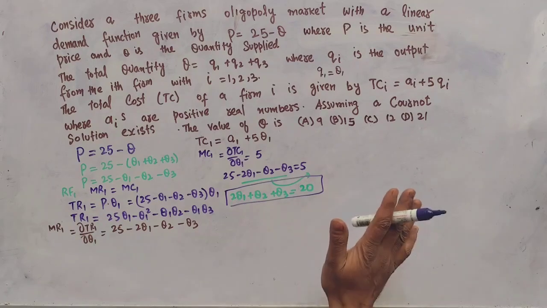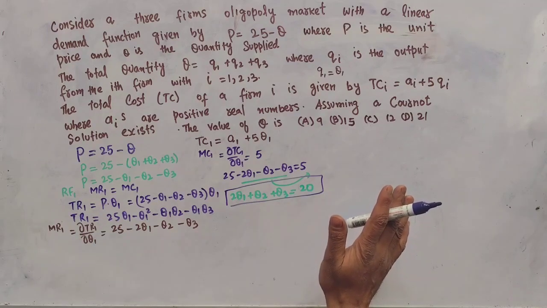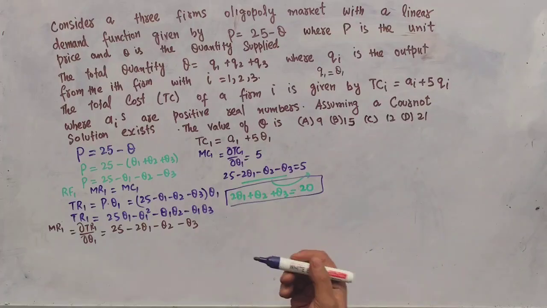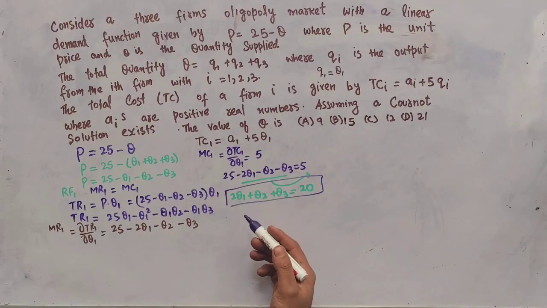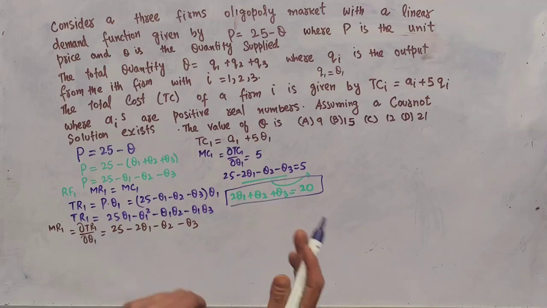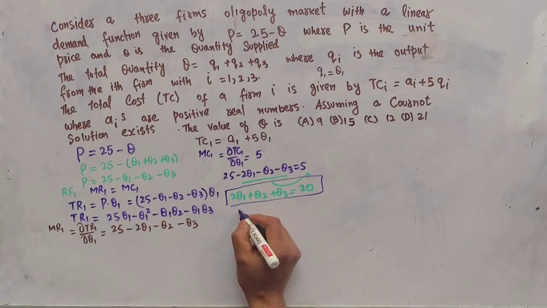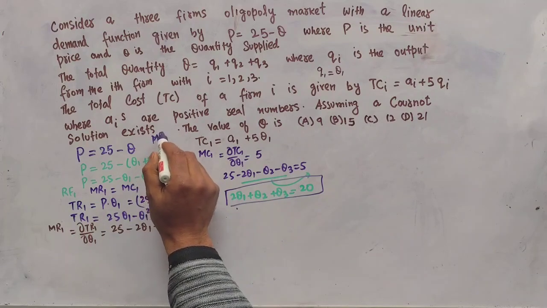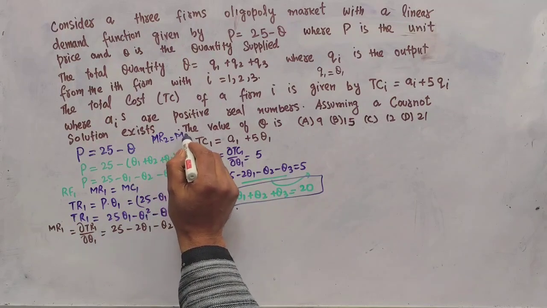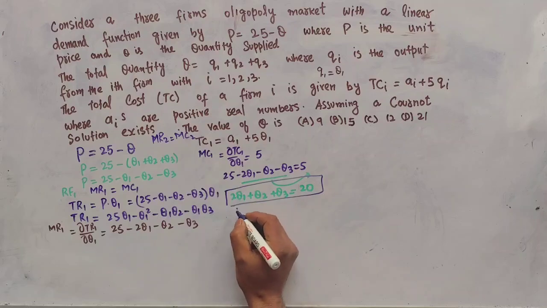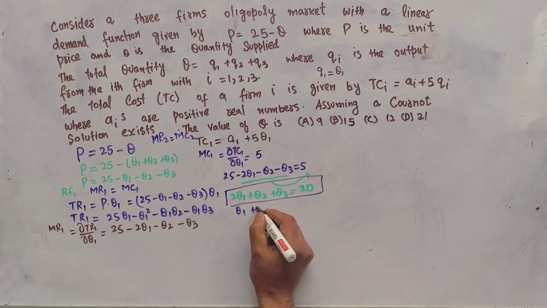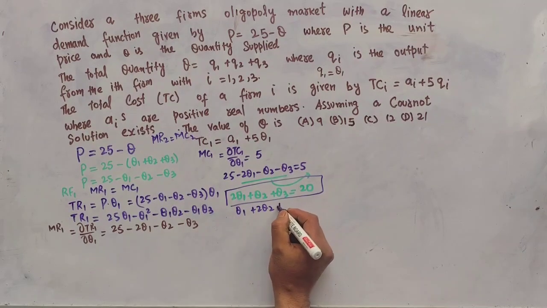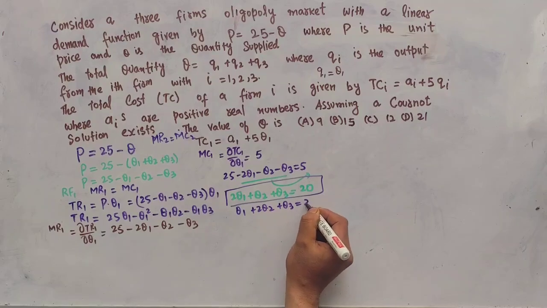Since we have symmetric cost, the output produced by each of the firms will be the same. Symmetrically, what will be the reaction function for firm 2? If you solve again, that is marginal revenue of firm 2 should be equal to marginal cost of firm 2, we will get Q1 plus twice Q2 plus Q3 equal to 20.